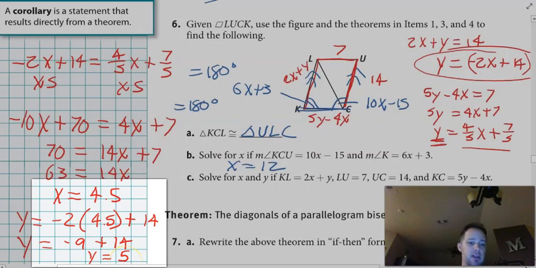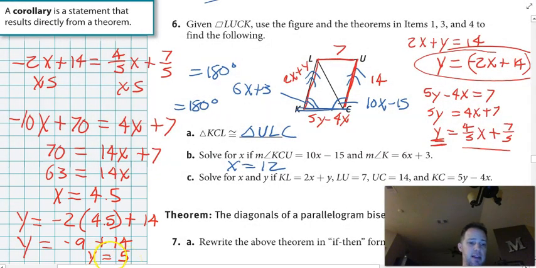Let's check just to make sure when we plug back in both of these that it works. So right here should equal 2 times x, so 9 plus 5 does equal 14. And here y was 5, so 5 times 5 is 25, minus 4.5 times 4, so 18.